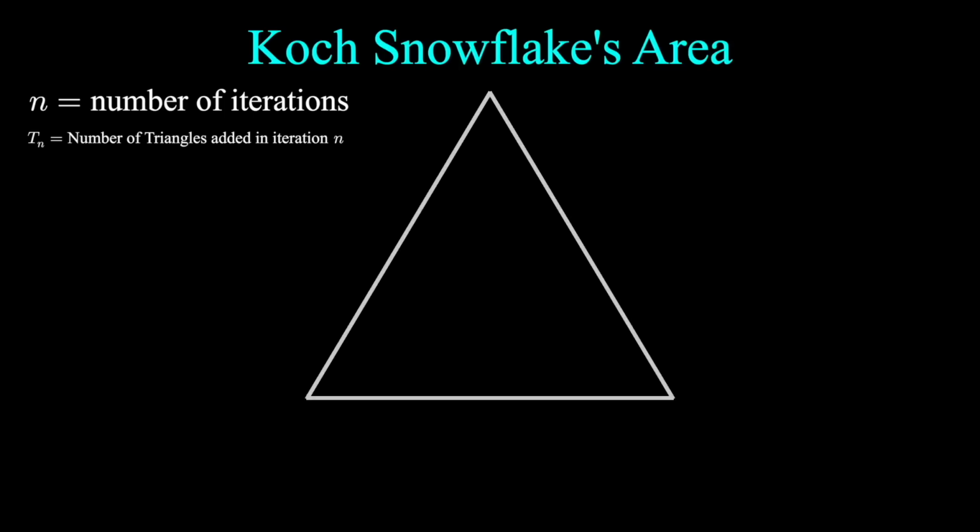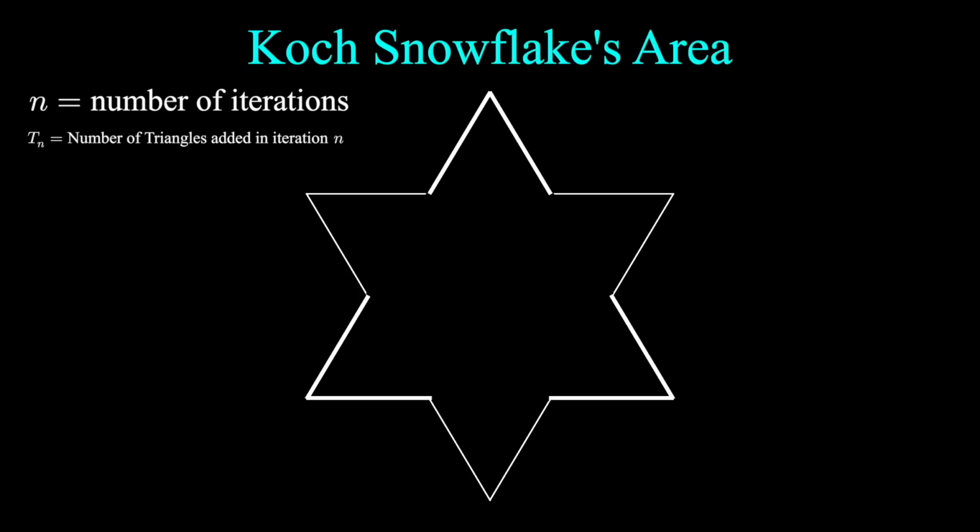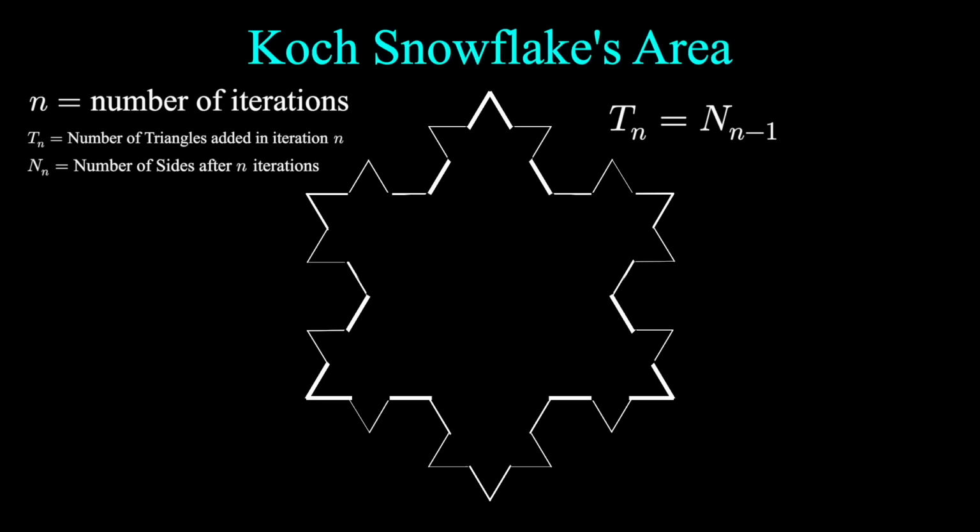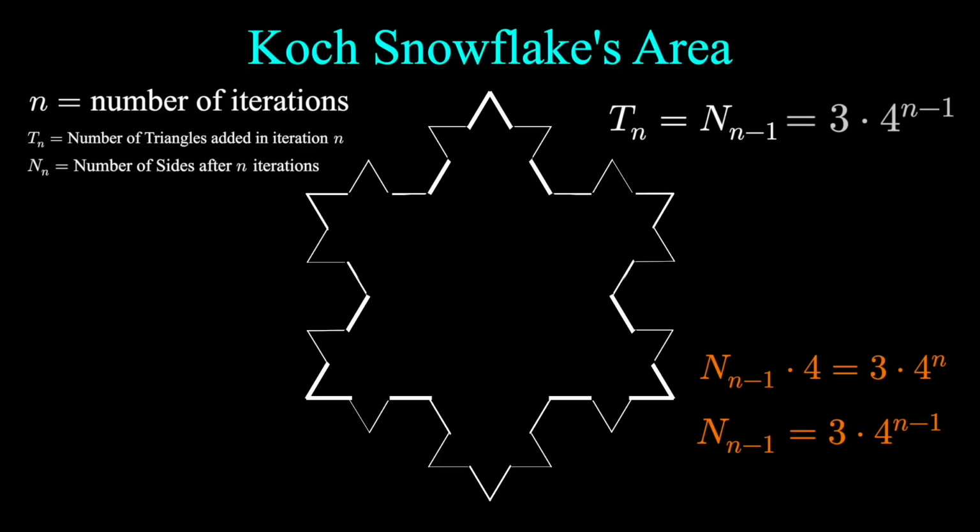We start with 3 sides and we add 3 triangles. So T sub n is actually capital N sub n minus 1. The number of triangles added is the number of sides from the previous iteration. And we already had this value. Just a quick bit of algebra, we can see that this is 3 times 4 to the n minus 1.